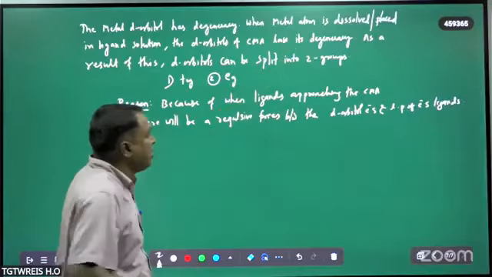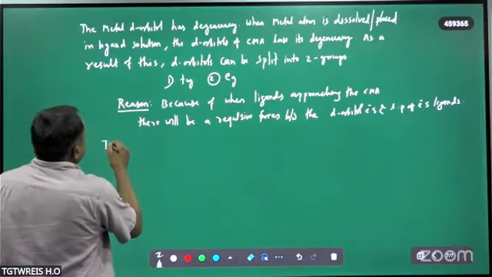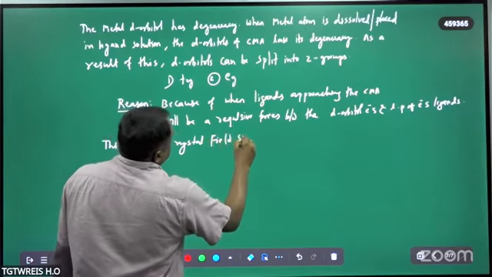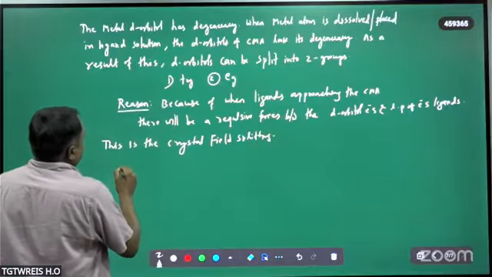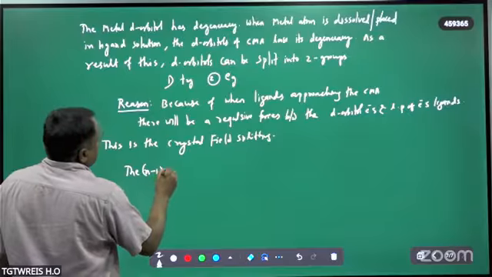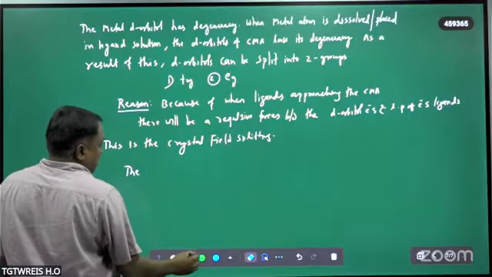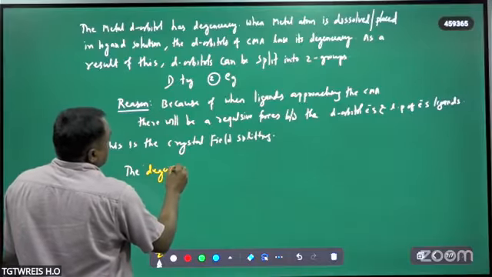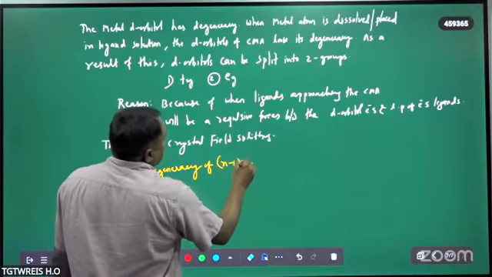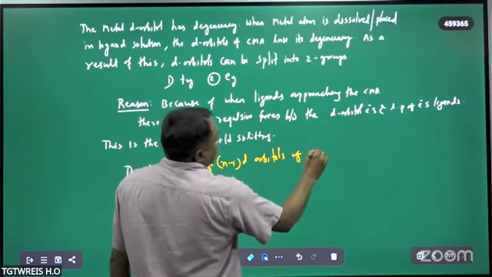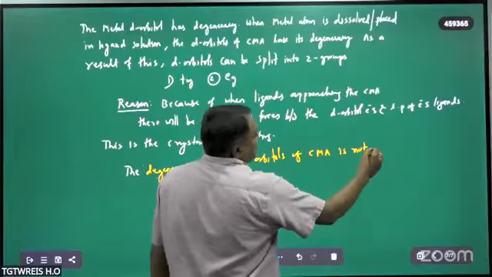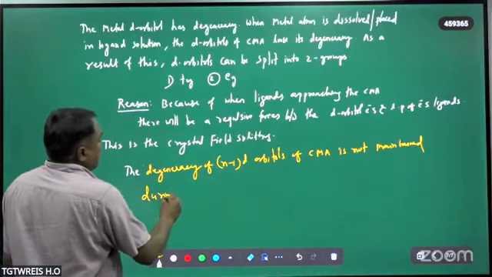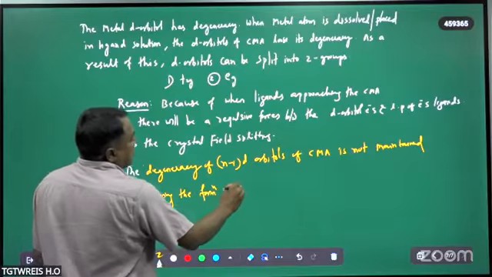This is called crystal field splitting. Actually, it can be defined as: the degeneracy of the n-1 d orbitals of the central metal atom is not maintained during the formation of a complex compound.